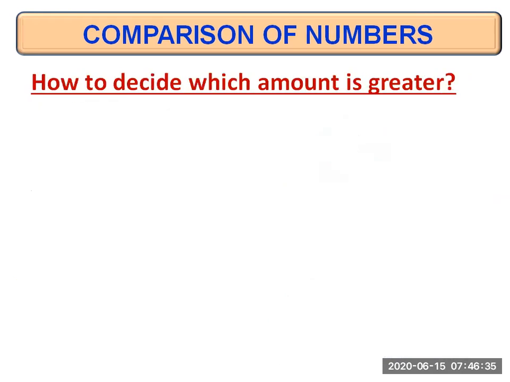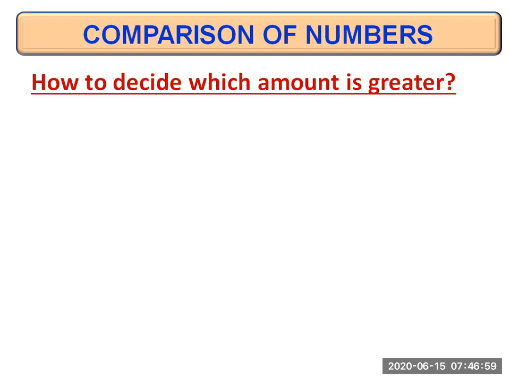That's nice. Now, how do we decide which amount is greater? Because sometimes it's not possible for us to look at something and decide which one is greater and which one is small. First of all, whenever we are comparing two bigger numbers, we might have two situations.